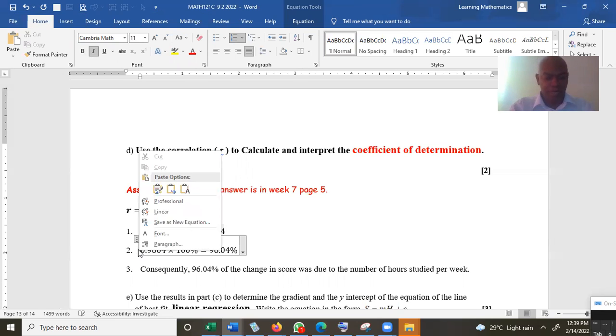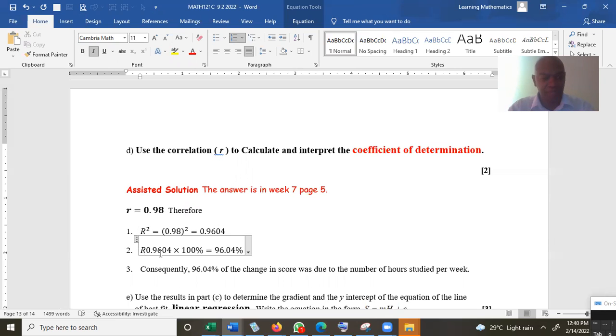A percentage, always bear in mind, is basically a decimal because you are dividing by 100. So 0.96 is the same as 96.04%, because percent means divide by 100. Bear that in mind.